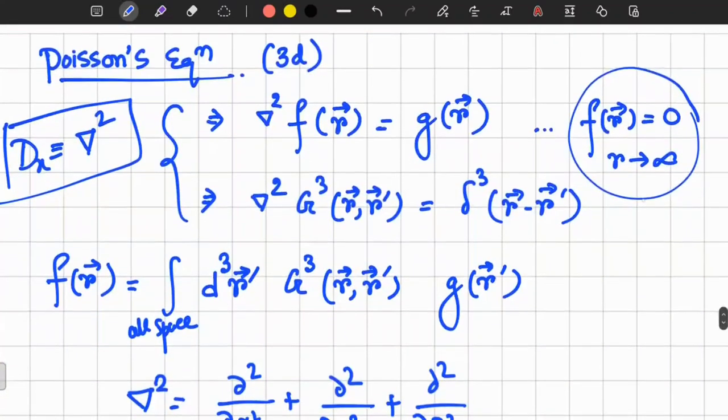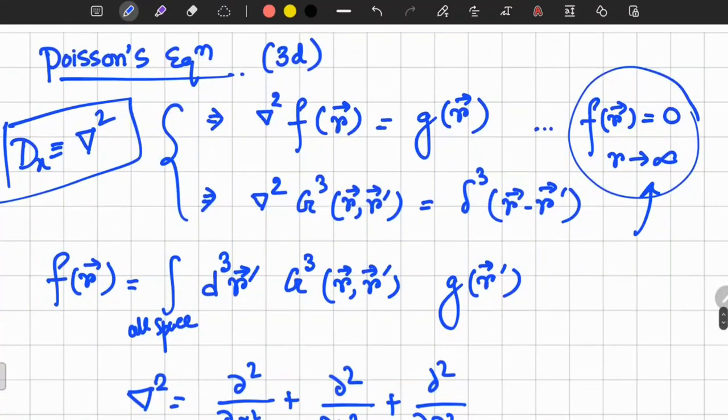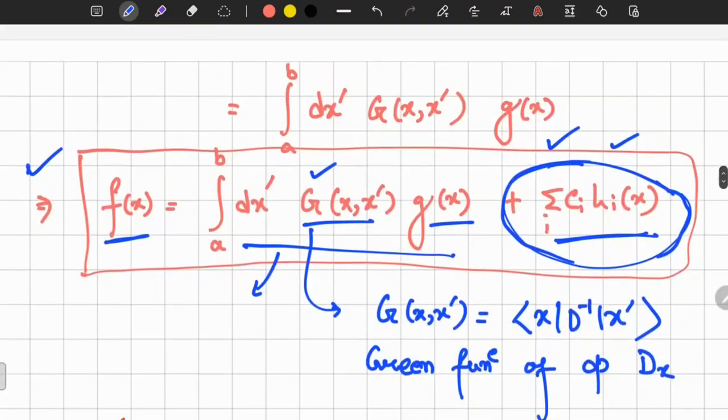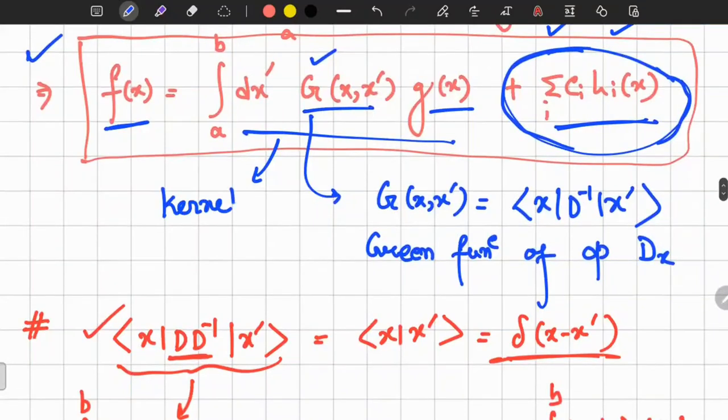In the case of the free green function, this boundary condition is applied, so that summation part is always zero. The kernel is non-zero. This part is called the kernel part, and we have to evaluate it always.